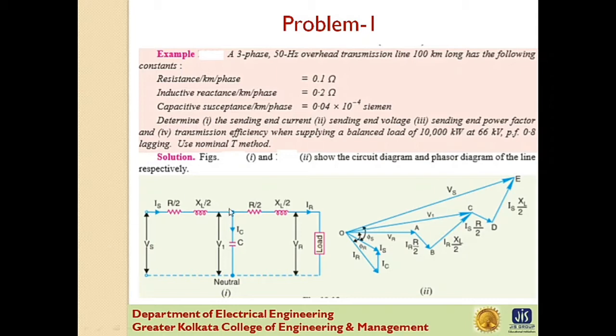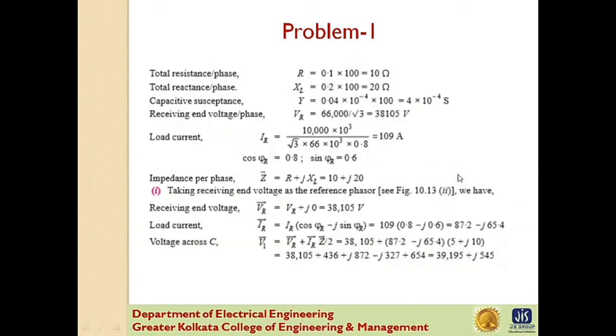So this is the circuit diagram of nominal T, and this is the phasor diagram of nominal T method. Total resistance is the resistance per kilometer multiplied by the total length of the line. So we get the total resistance, that is 0.1 into 100, so 10 ohm is the total resistance per phase of the line.